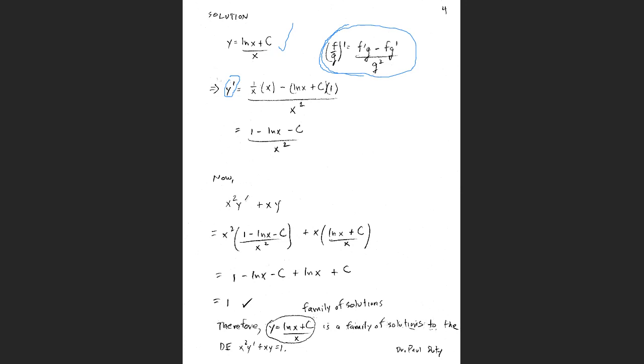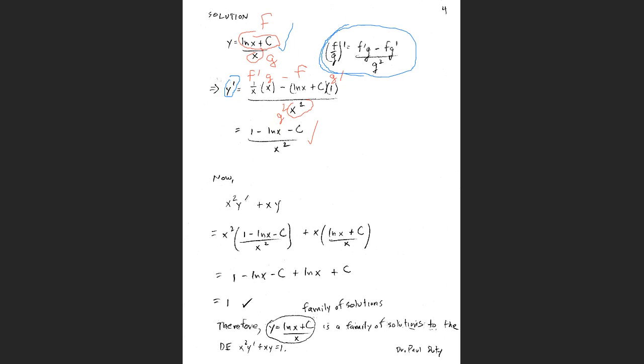So I have F over G. And so here I have F prime times G minus F times G prime, all over G squared, on the bottom there. And so this is what y prime is.